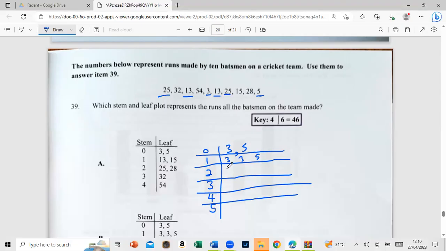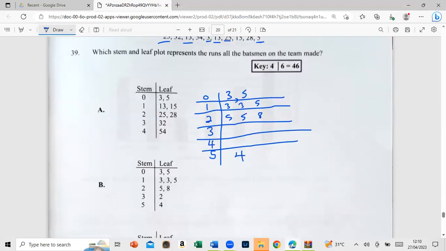Let me see if none in a 3, no, none in a 4. And then we have 54.